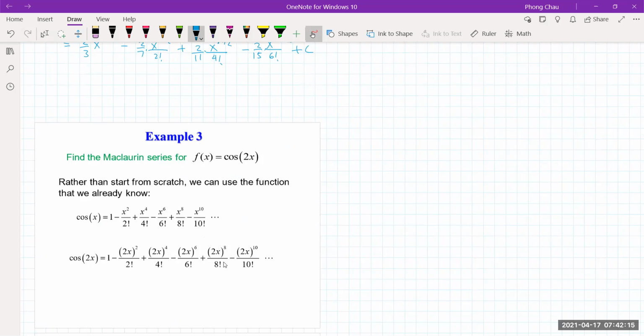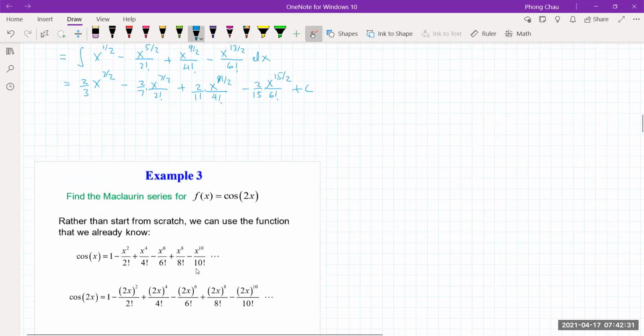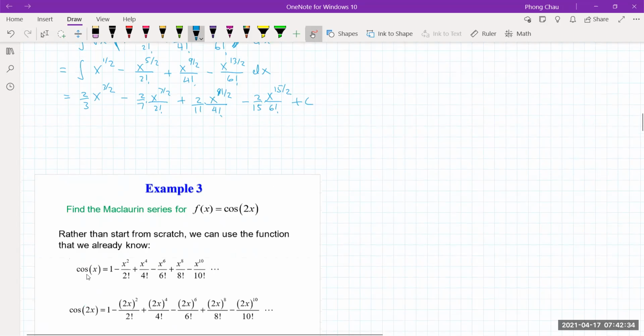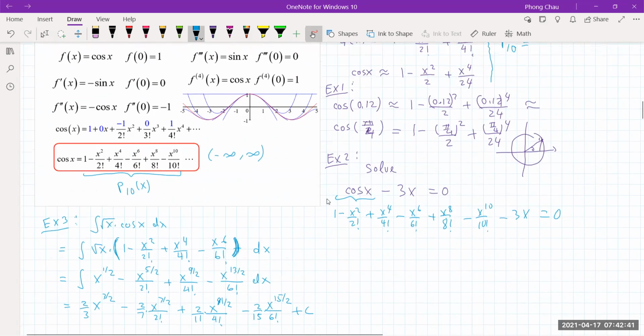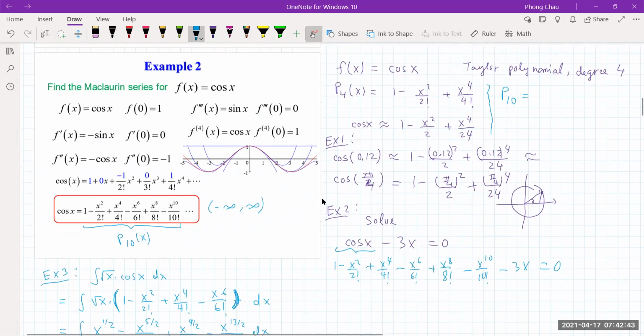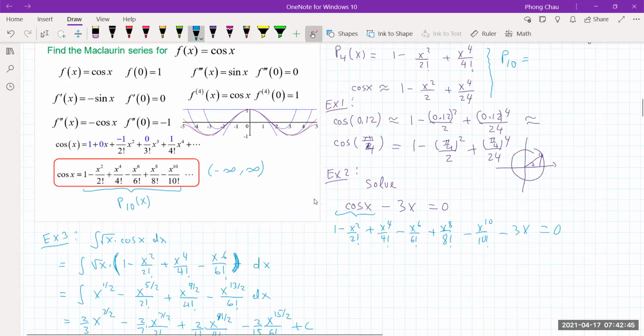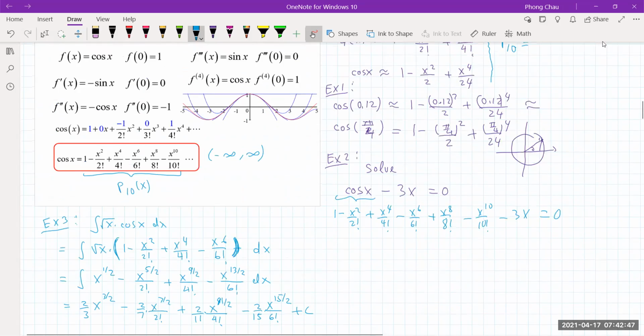Now you get a new series, right? And again, if you want to figure out anything relating to cosine, we're going to use this formula. All right, I think that is part 2, and then I'll continue to do more examples in the next video.